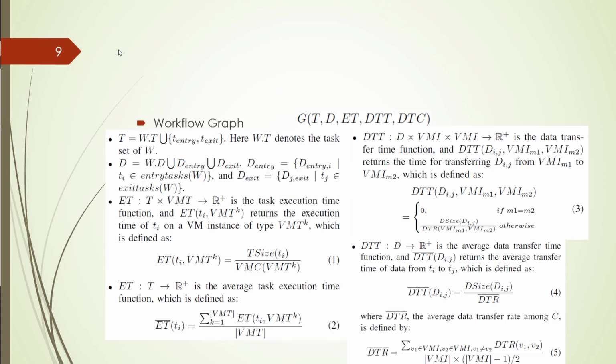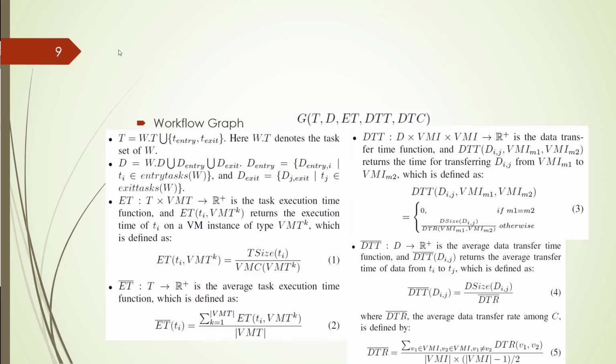DTT is the data transfer time function, a function from the data product and two virtual machine instances to R plus. The DTT is a function of D_ij. It takes virtual machine 1 and virtual machine 2 and returns the time for transferring D_ij from virtual machine M1 to virtual machine M2, which is defined like this.